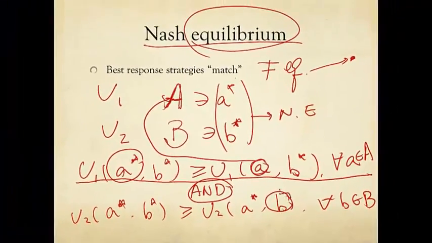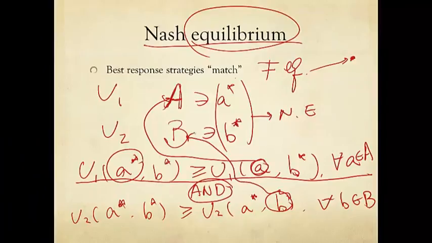Okay, so this B can be any point in the set. Doesn't matter. What it says is that for user 2, again, I have no unilateral incentive to move away from B star. If the other player sticks to A star, I'm going to stick to B star.